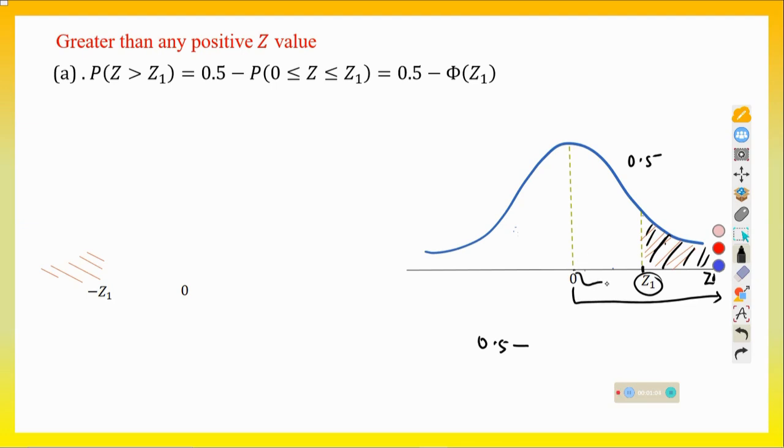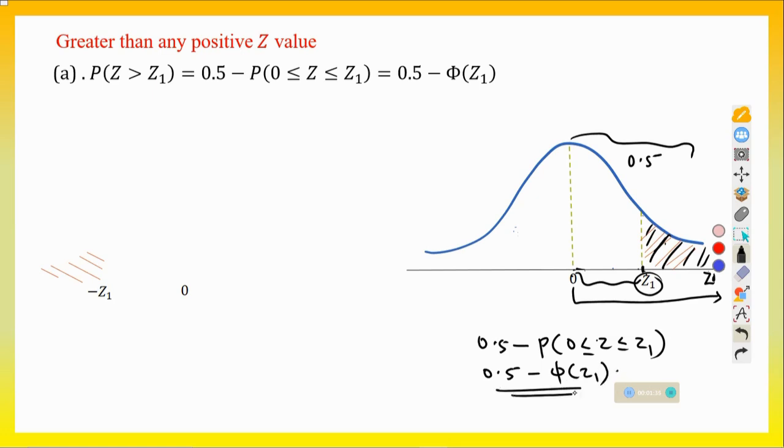I subtract the probability from this given point to this, which is 0 less than or equal to Z less than or equal to Z1, because this value can easily be obtained from the table. So I can have this as 0.5 minus the table reading of Z1. So that is what we obtain, and that is the probability of Z greater than Z1.